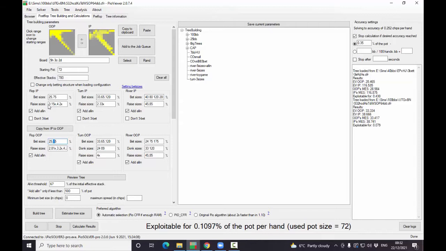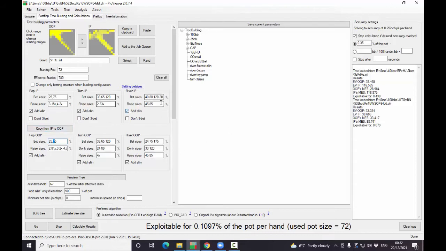To make sure it's getting enough of the stack in by the river, it will actually use a bigger size on the flop than is strictly optimal. So it's very important to understand that the sizes you give on later streets also bleed back to the earlier streets and allow you to get closer to the optimal strategy.